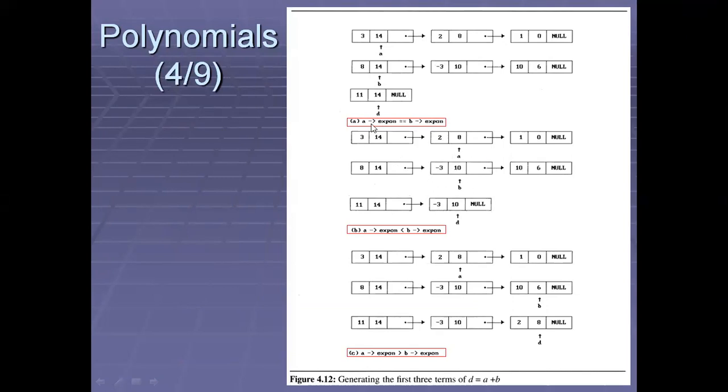Whereas if A of exponent is less than B of exponent, or A of exponent is greater than B of exponent, anything greater or less than, in these two cases only one linked list will be moved to the next node. For example, in the example here, 8 and 10, because 10 is greater than 8, I have to add the second node, 10.